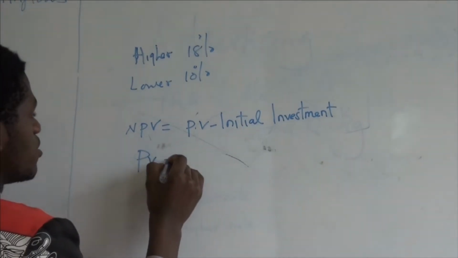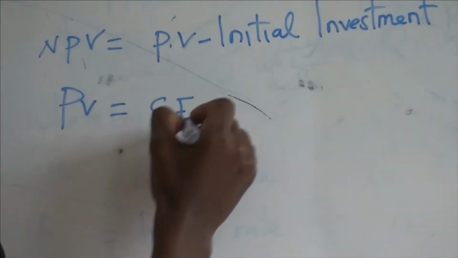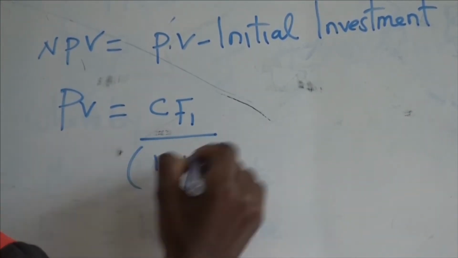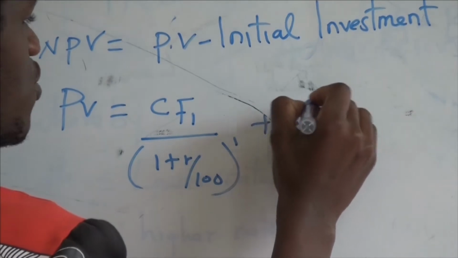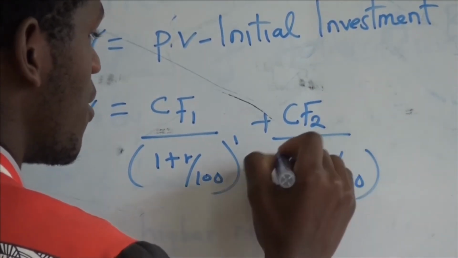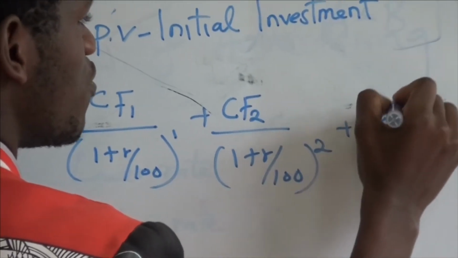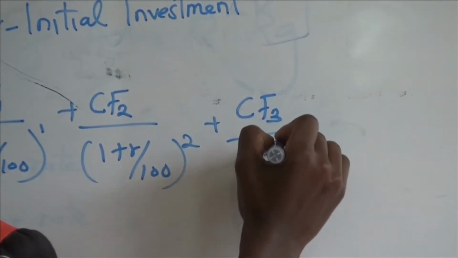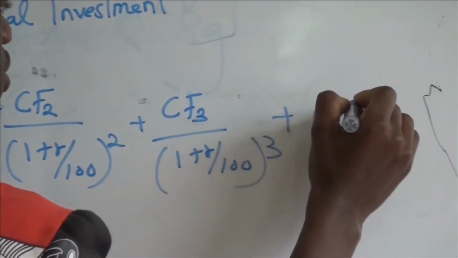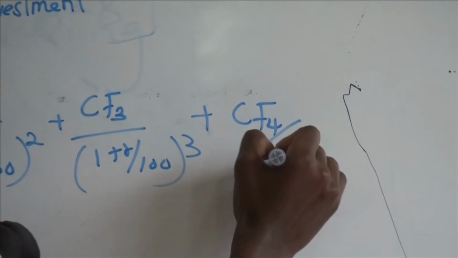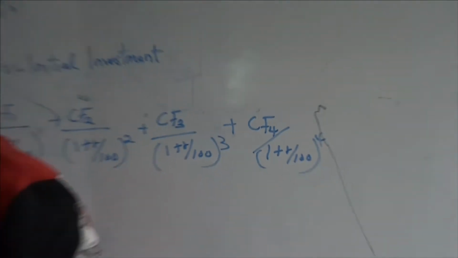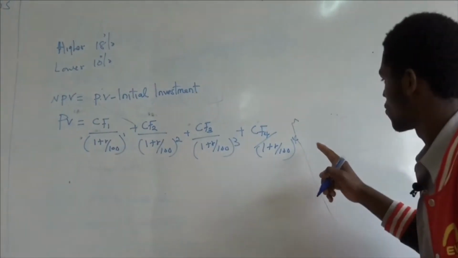Present value is equal to cash inflow of year 1 divided by 1 plus R over 100 raised to power 1, plus cash inflow of year 2 over 1 plus R over 100 raised to power 2, plus cash inflow of year 3 over 1 plus R over 100 raised to power 3, plus cash inflow of year 4 divided by 1 plus R over 100 raised to power 4. Since we only have 4 years, our formula will stop at this particular point.